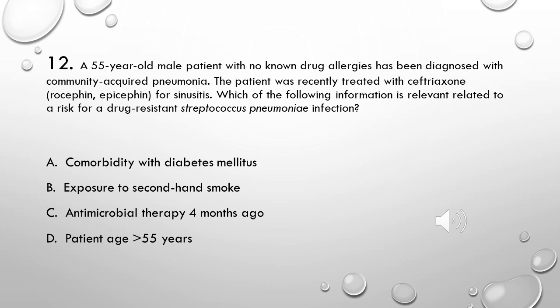Populations that have been exposed to antimicrobials, especially within the past 3 months, are at risk of developing antibiotic resistance, and these patients are children younger than 2 years of age. Adults greater than 65 years are at the greatest risk for drug-resistant S. pneumonia.